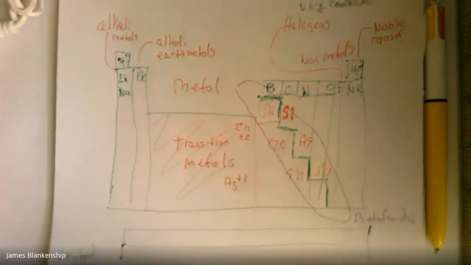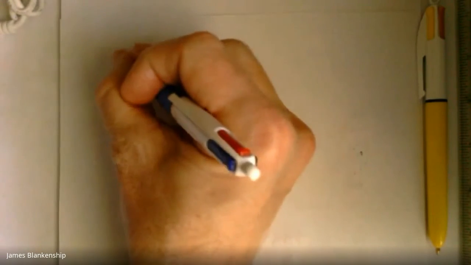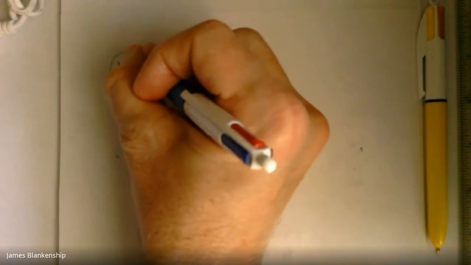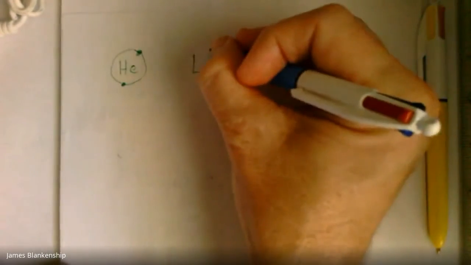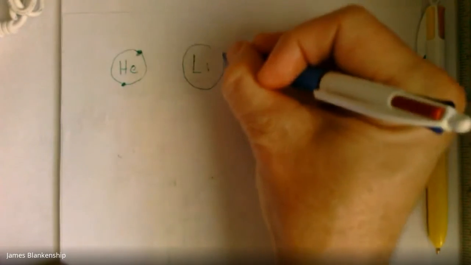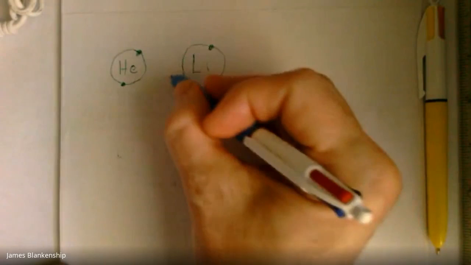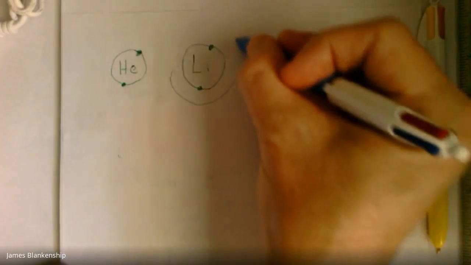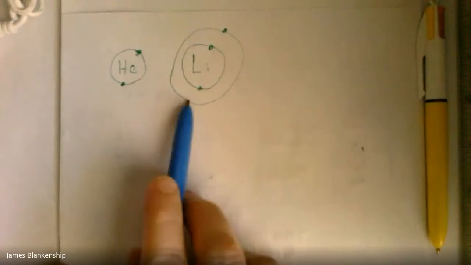So just to give you an idea, if we had helium, we would have helium with 2 electrons around it like this. And then if we got to lithium, you would have 2 electrons in this first shell, but they don't really matter anymore because now there's another electron in the next shell.